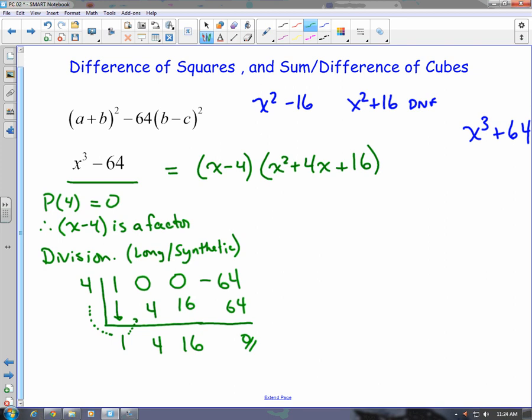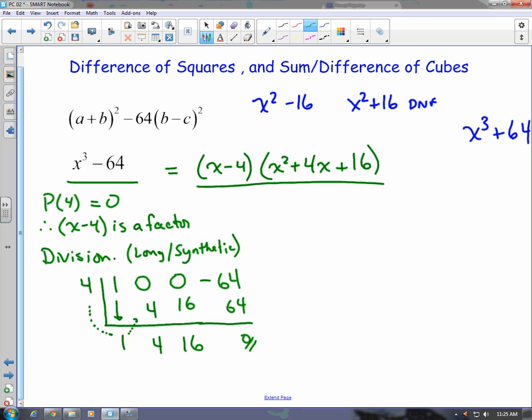It opens upward. It's positive 16. Not sure. Now you run the discriminant test, b squared, so that's 4 squared, minus 4 times 1 times 16, which is too big. You end up with a negative value for your discriminant. That means that x squared plus 4x plus 16 will not factor and does not yield any x-intercepts. So this is how it factors down: x minus 4, x squared plus 4x plus 16.